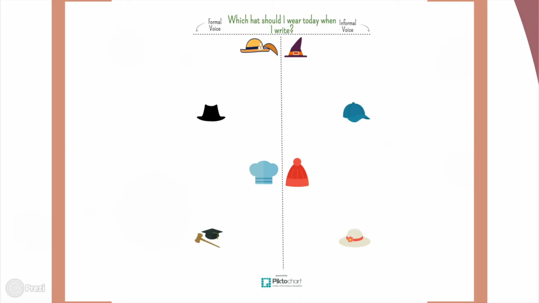So one of the first hats on the left-hand column for formal voice is the dressy hat with a feather, and this could represent a formal hat to wear when writing a speech for your English class or making an argument for your social studies class. It's just something that you can pair with an example quickly.